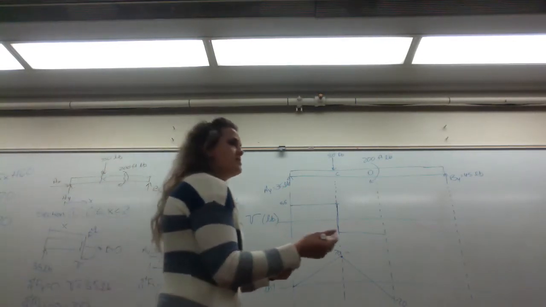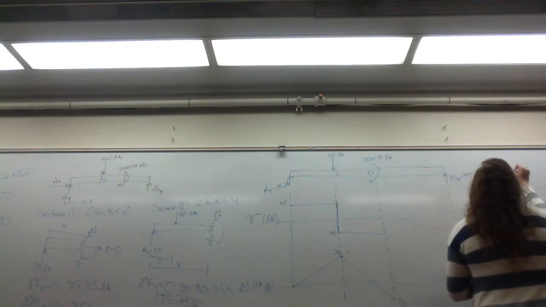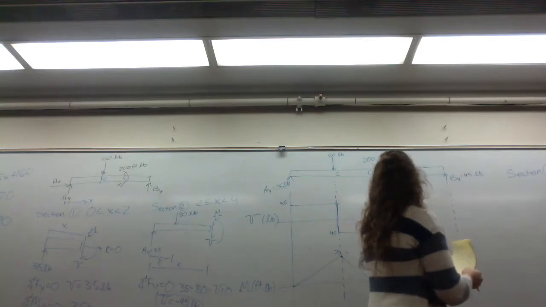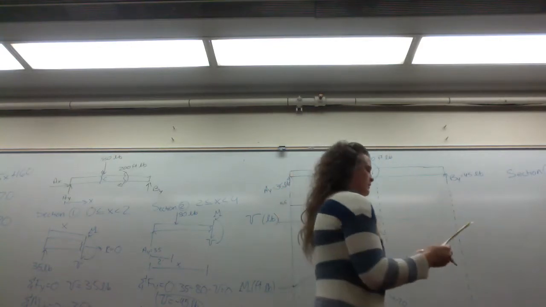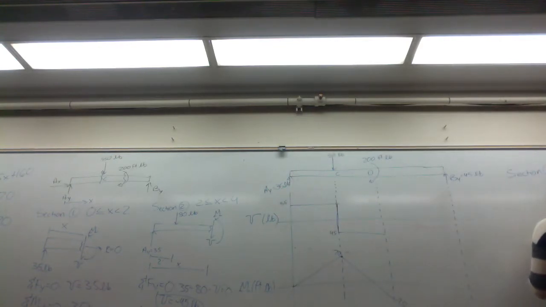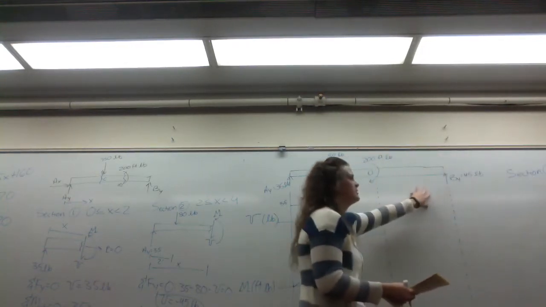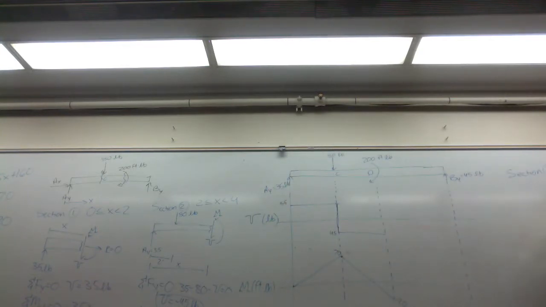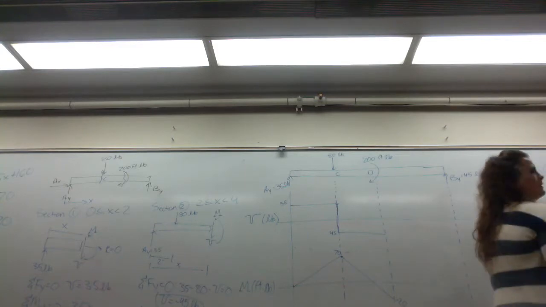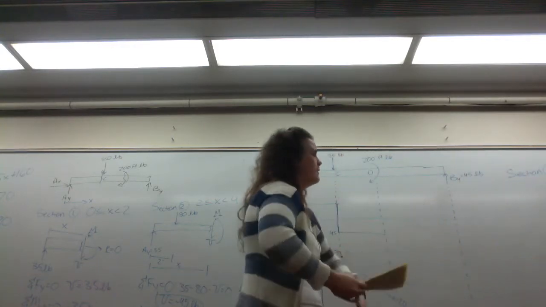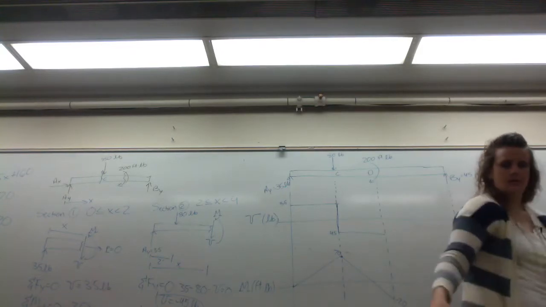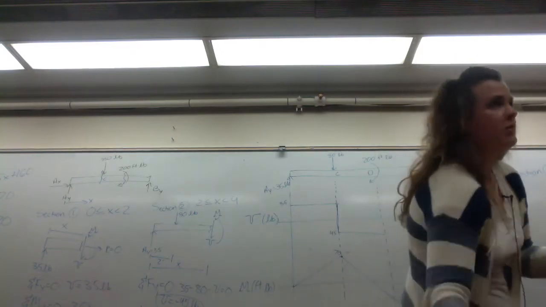Alright. So our third section, I'm going to come over here now. This third section is between D and B. So we're analyzing the internal forces between x's 4 and 6. Our method stays the same, and we make our cut.